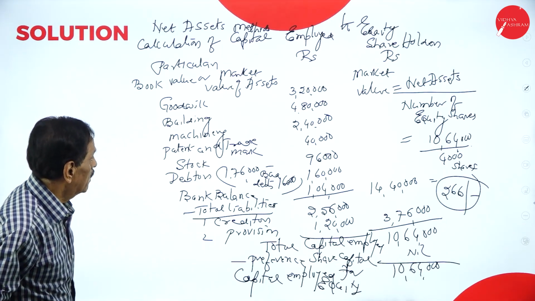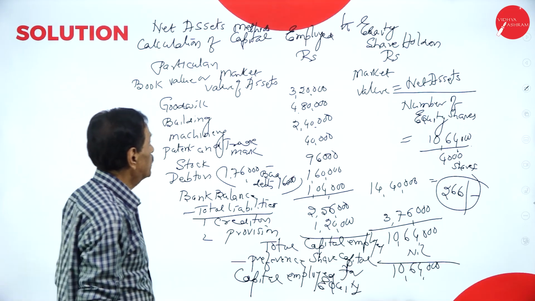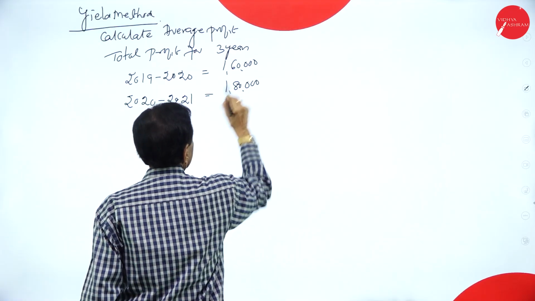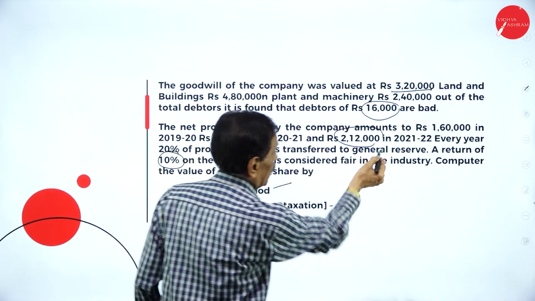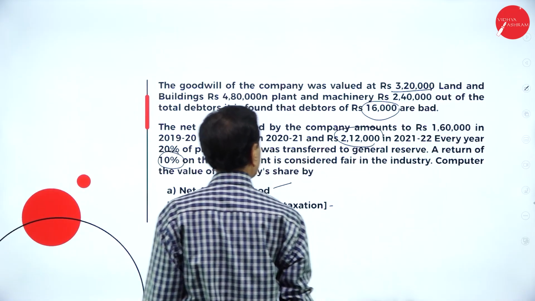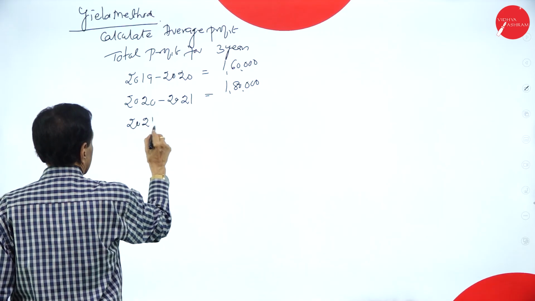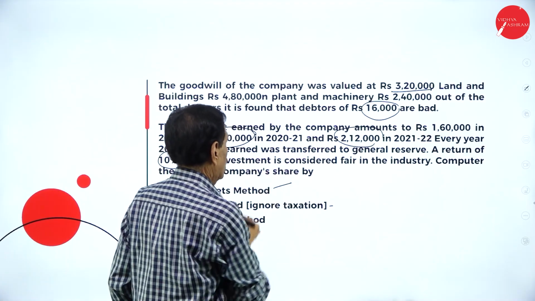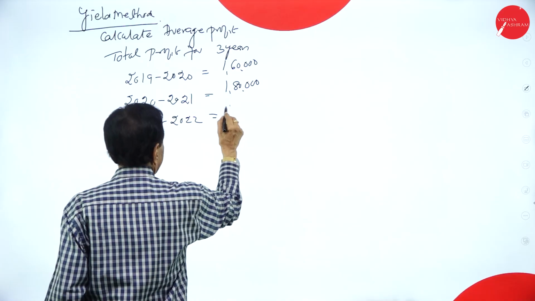How much will come? 1,80,000. Then 2021-22, it will come 2,12,000.